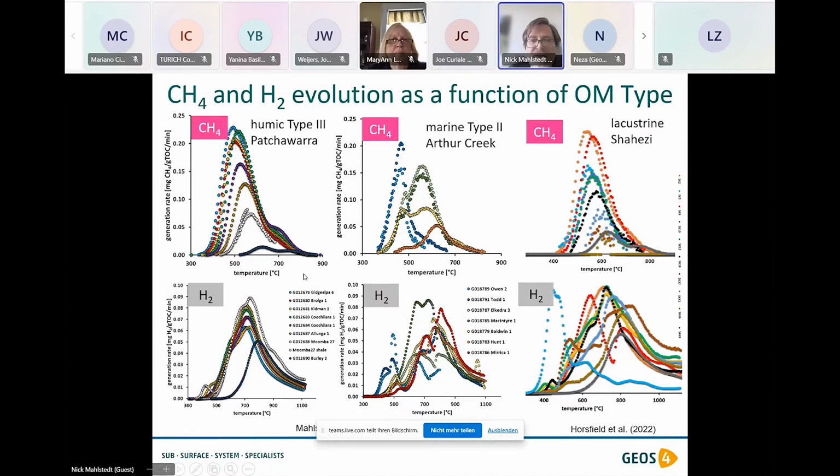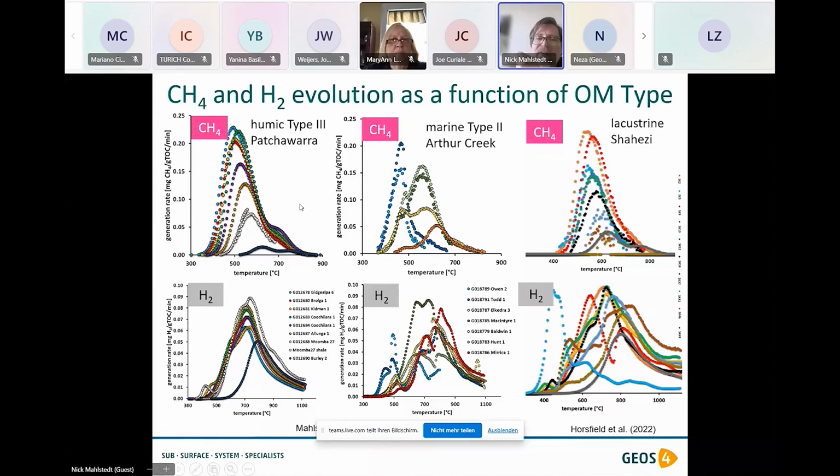So under lab conditions, methane and hydrogen are generated over extremely broad temperature intervals, whereas generation of methane seems to be finished at lower temperatures, roughly below 900 degrees C. We also see that for methane, the generation rate curves are more or less nicely monomodal, and yields decrease with increasing maturity.